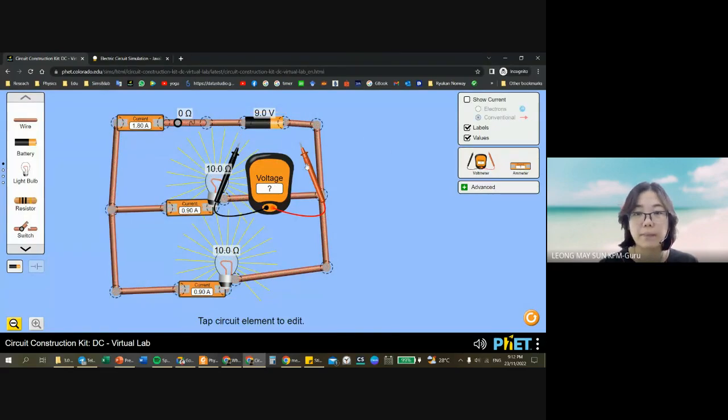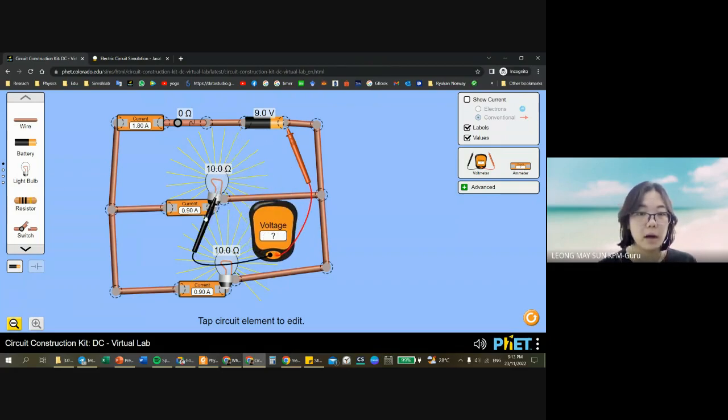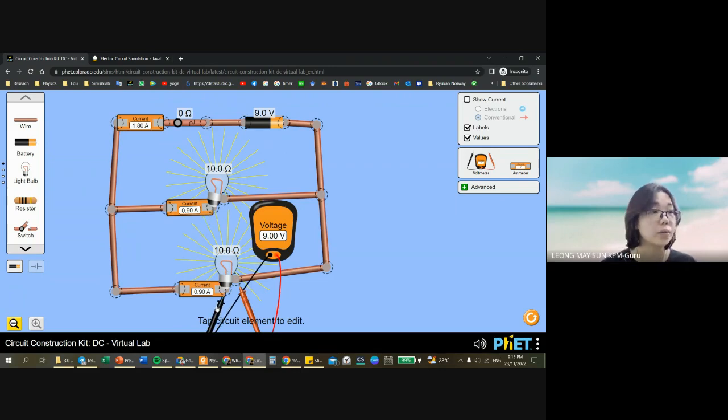So the potential difference across the battery is 9 volts. The total potential difference coming out from the battery is 9 volts. Then across the first light bulb, 9 volts also. Then the second light bulb, also 9 volts.